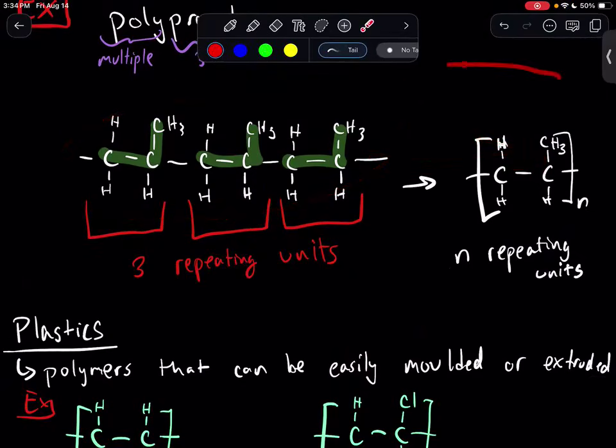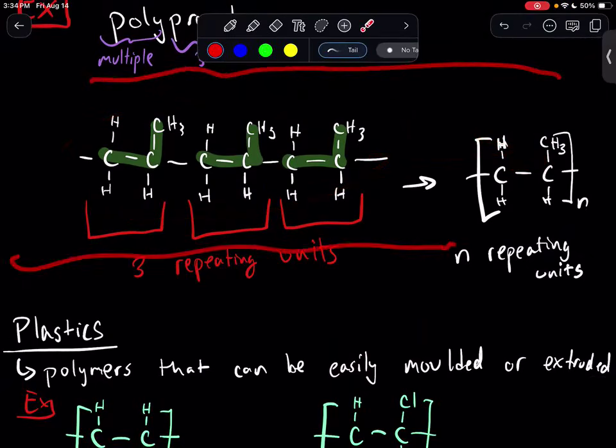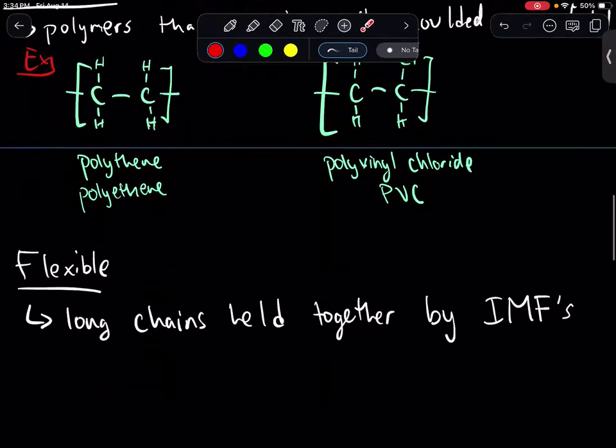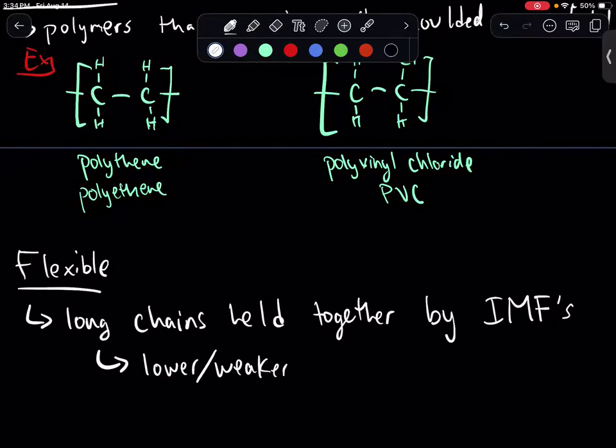And if you put another chain right on top and another chain right on bottom, those chains attract each other through intermolecular forces. And because they're only held together by intermolecular forces, we can generally associate the strength of those forces with the flexibility. So a lower or weaker IMF is equal to a more flexible plastic.